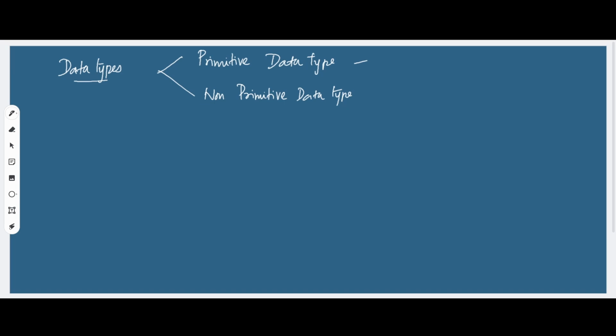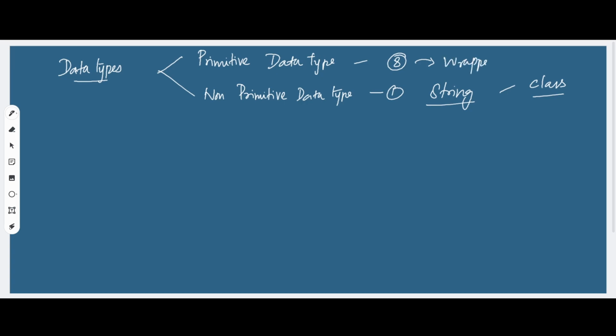In primitive we have around 8 data types. In non-primitive we have one, that is String, because String is a class in Java. Technically all these 8 data types have their wrapper class in Java.